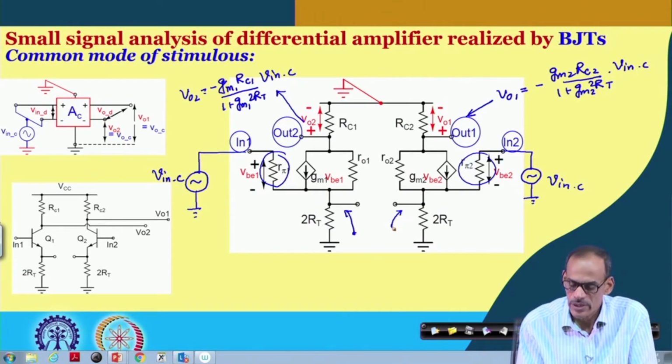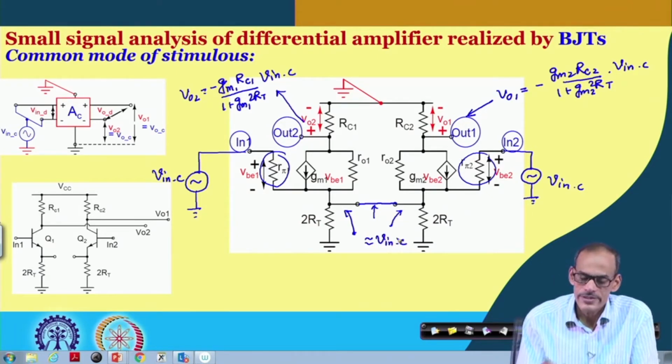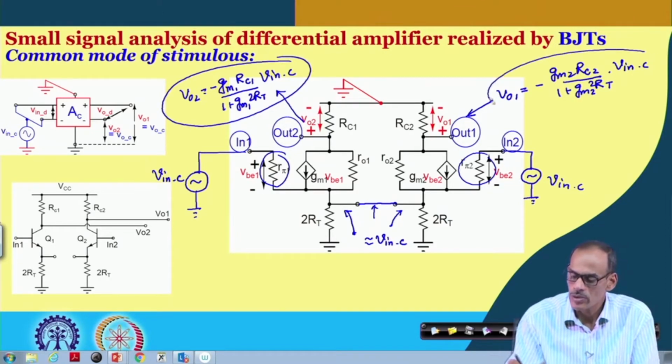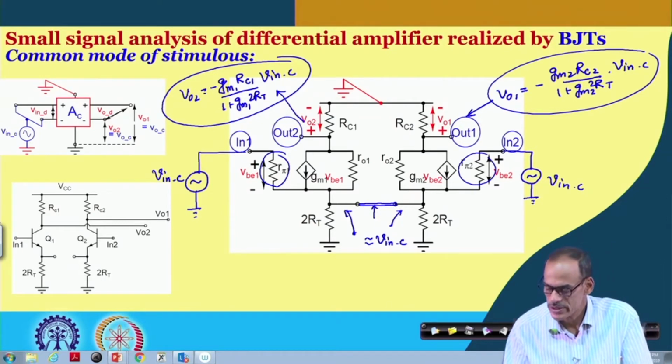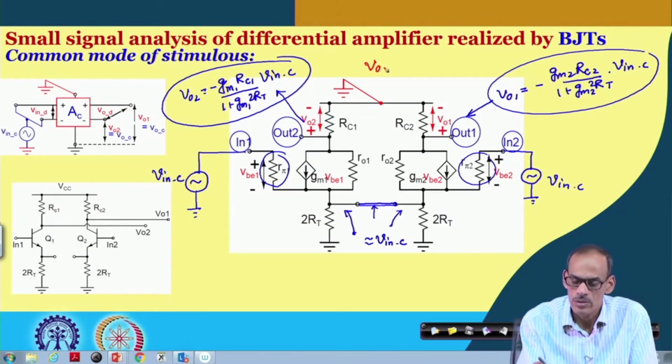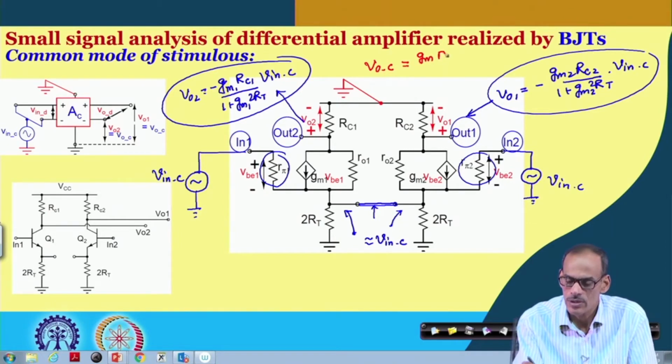Now, since the signal here and here are in phase, even if we make this connection, the signal coming here will remain unchanged, namely approximately equal to V in C, and as a result these two outputs, even after making this connection, remain unchanged, and hence VOC is approximately equal to minus GM into RC divided by 1 plus GM into 2 RT into V in C. So, you may ignore this one and then you can remove this GM part.